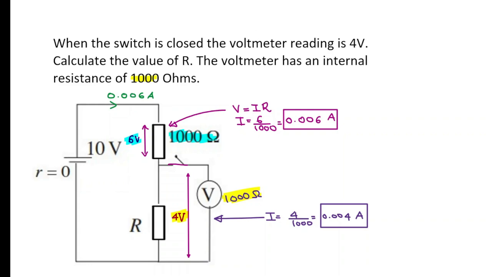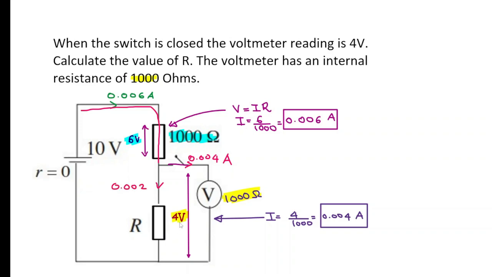Now we can clearly see a current of 0.006 comes along this branch up to this point, and out of which 0.004 takes this branch. So obviously by Kirchhoff's first law, conservation of charge, the current in this branch must be 0.006 take away 0.004, which is 0.002.